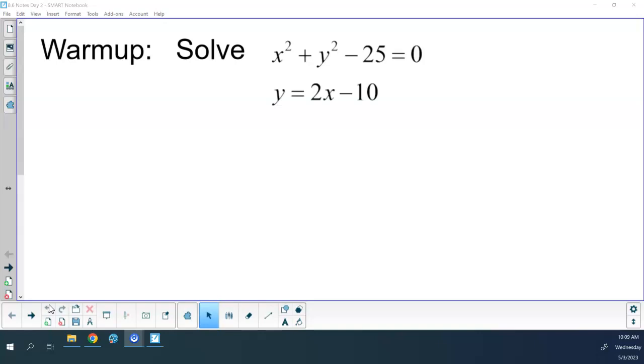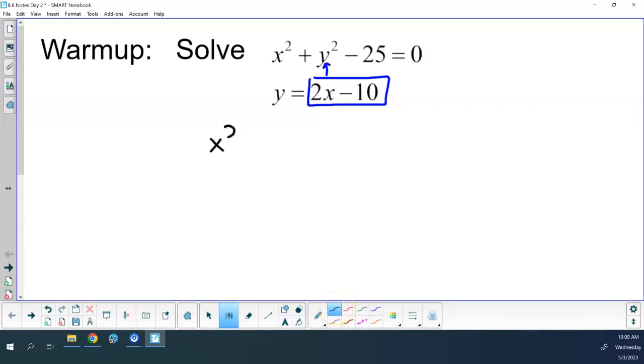Okay. So we're going to take here in this one, solving it with substitution. We're going to take this, and we're going to put it in for y. And so we get x squared plus (2x minus 10) squared minus 25 equals 0.